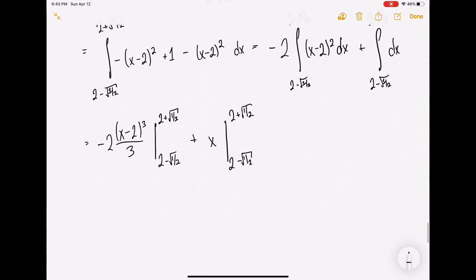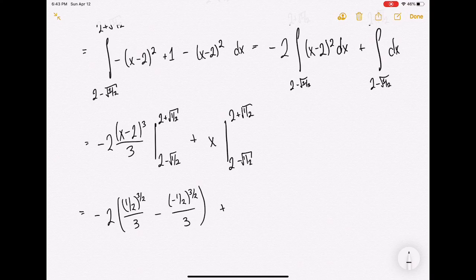And then we just plug them in, and we're happy. So plug the top number in. Turns out that this is (1/2) to the 3/2 over 3, minus, now this is going to be negative (1/2) to the 3/2, divided by 3.